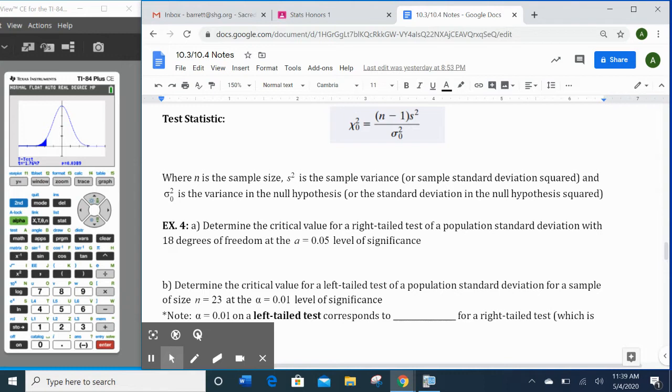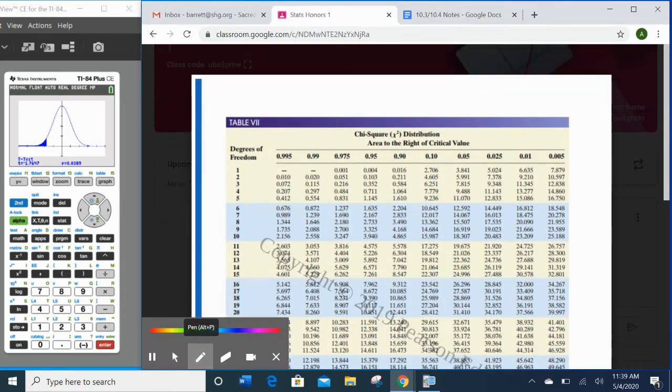They say determine the critical value for a right-tailed test of a population standard deviation with 18 degrees of freedom at the alpha equals 0.05 level of significance. The first thing I'm noticing is that it's right-tailed. And if you look at this chart, it talks about area to the right, which means when they say alpha, this is the alpha that I'm going to use.